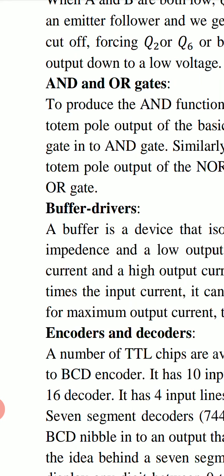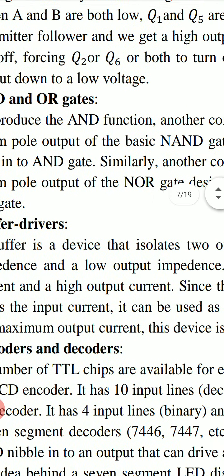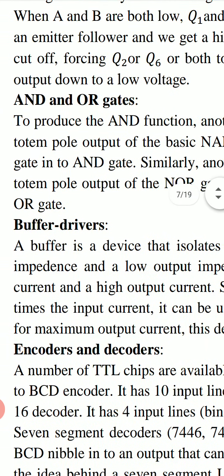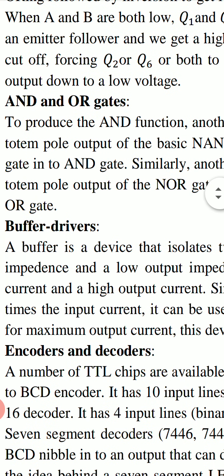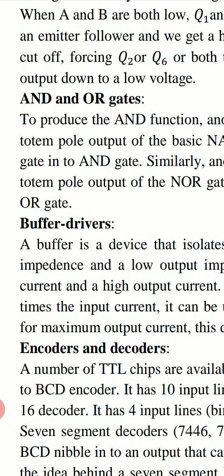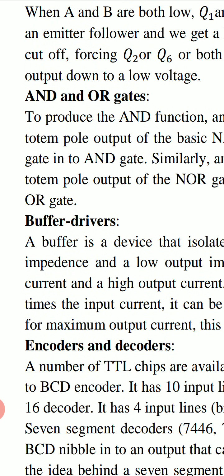To get circuit for AND gate, we will use circuit of NAND gate, and an additional common emitter transistor is added before the totem pole output, which produces an additional inversion, and NAND gate followed by inversion is equal to AND gate.